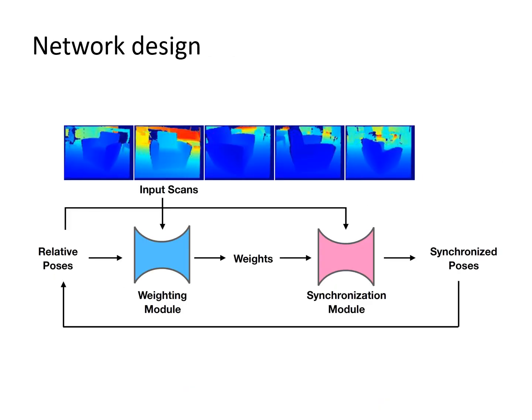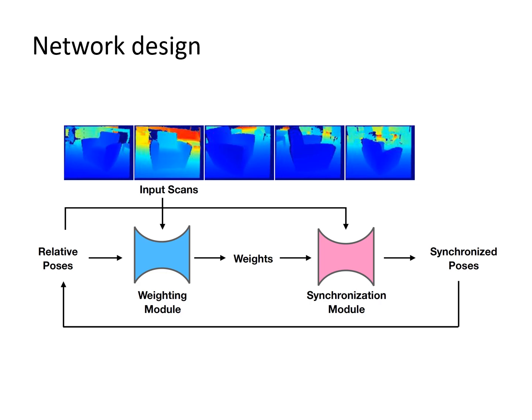The idea here is that we give the input scans. The weighting module takes into account how these two scans overlap, so the noise pattern between them, basically the original geometry. Here we are talking about the transformation synchronization problem.